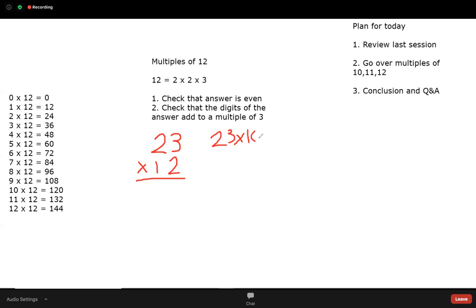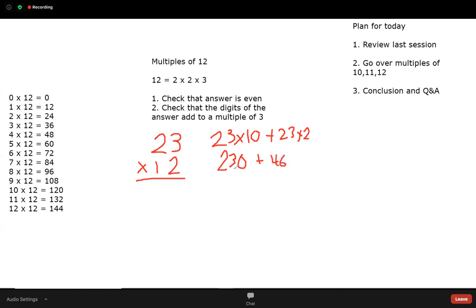Okay, so let's see how to do 23 times 12. We would do 23 times 12 by treating it like 23 times 10 plus 23 times 2. So 23 times 10 is just going to be 23 with a 0 behind it. And 23 times 2 will be doubling each digit in 23, so it'll be a 4 and a 6.